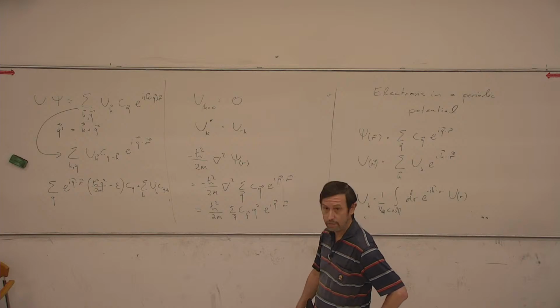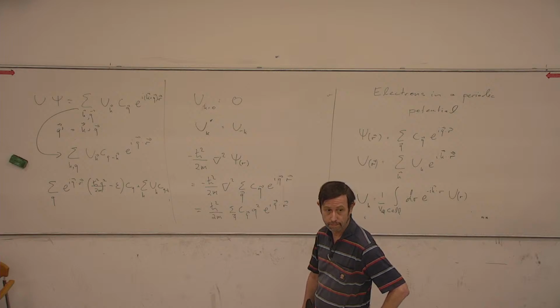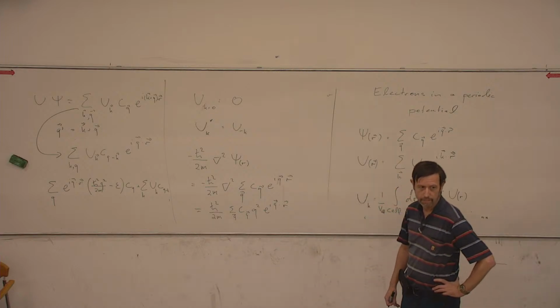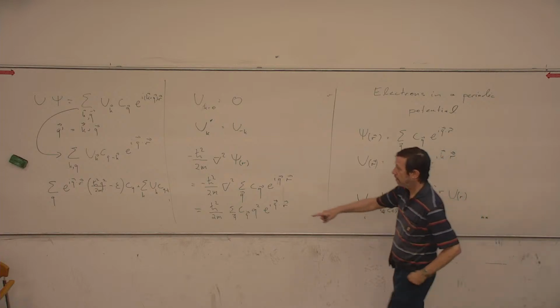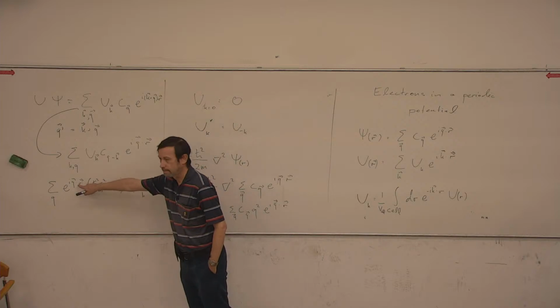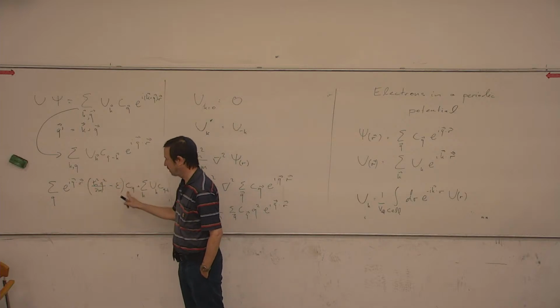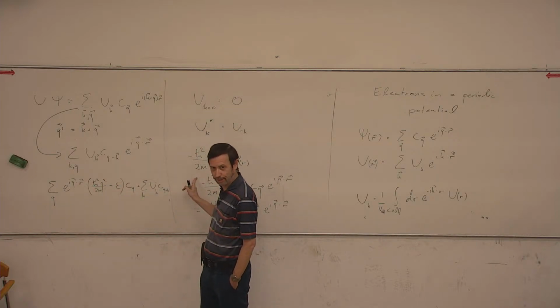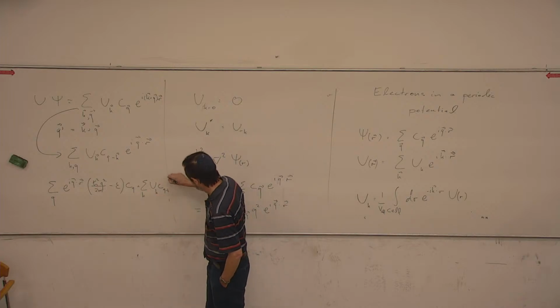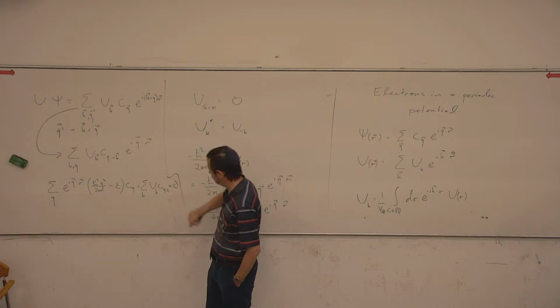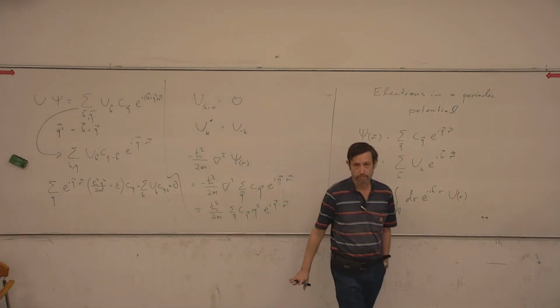Needs explanation? All I did is take the E times this guy times CQ that was on the other side and move it in, and it's equal to 0. That's all I did.